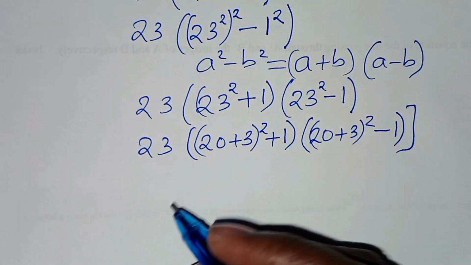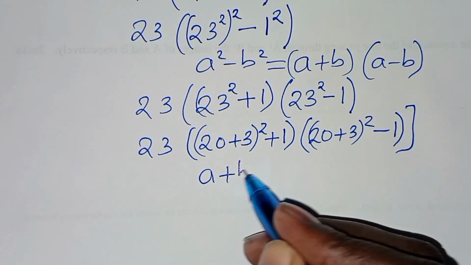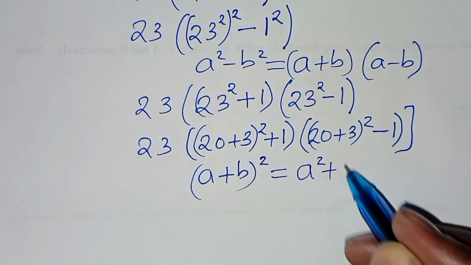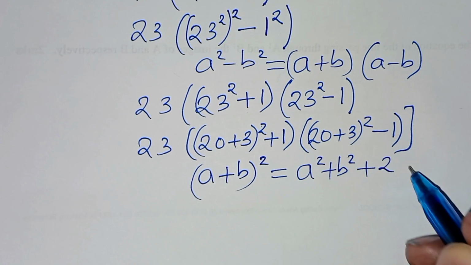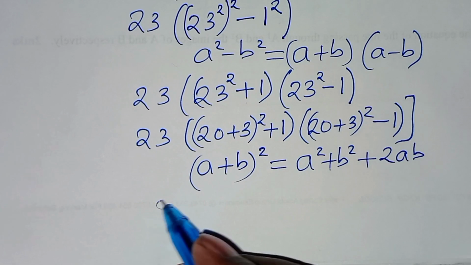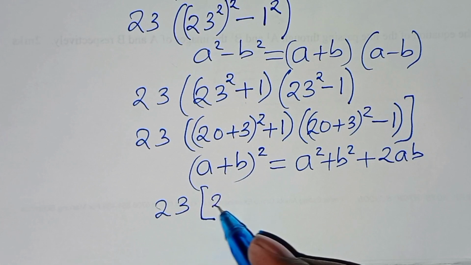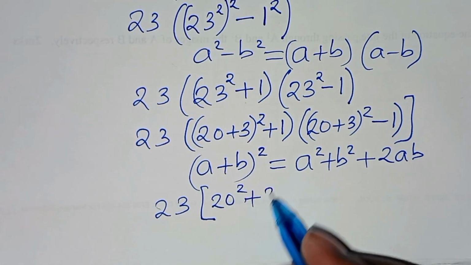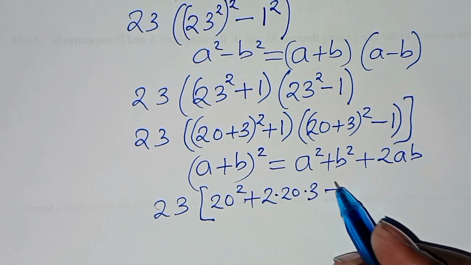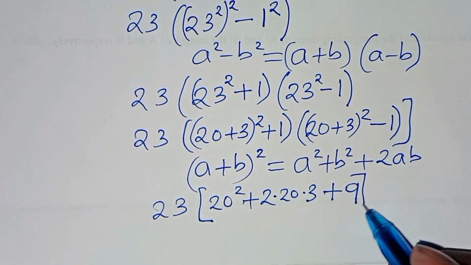Now let's proceed again here. We have 20 plus 3 squared. This is in the form of a plus b squared, which you can express as a squared plus b squared plus 2ab. Applying this algebraic identity, then we have 23 times 20 squared plus 2 times 20 times 3 plus 3 squared, which is equal to 9.